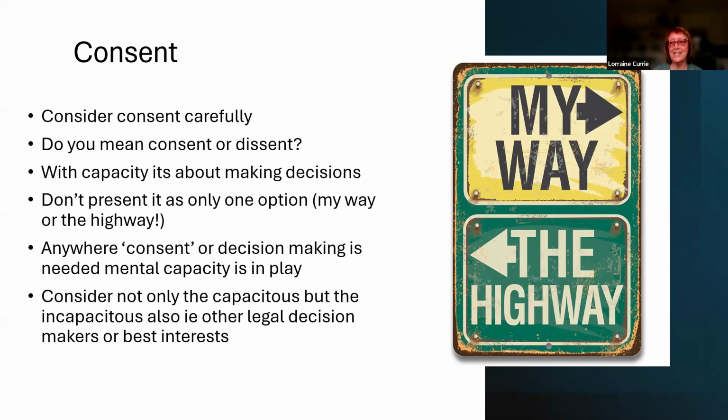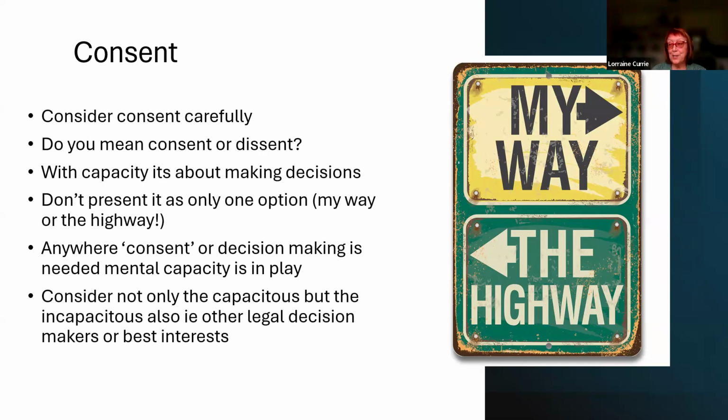There's consent and dissent. So it's sometimes better to talk about a person with capacity being able to make decisions rather than talking about consent, because that's much more specific to the MCA, isn't it? MCA is about decision making. So decision making by the person, assessing whether the person can make decisions, or decision making by another.